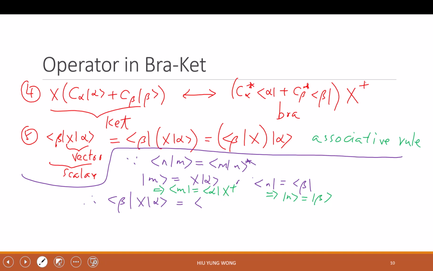So with this, I plug in. M equals alpha X dagger, right? And then N equals beta, correct?